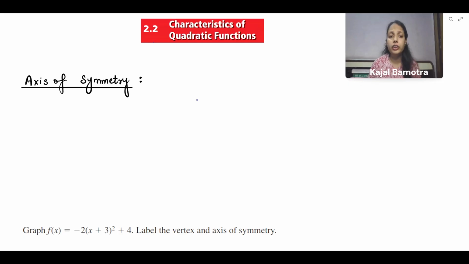The first definition is axis of symmetry. Axis of symmetry is a line that divides the parabola into two parts, and one will be the mirror image of the other.